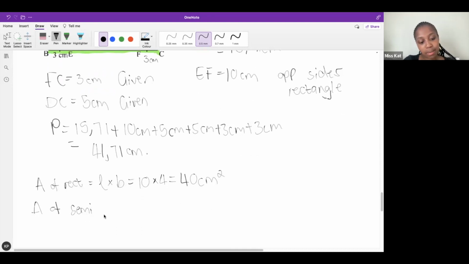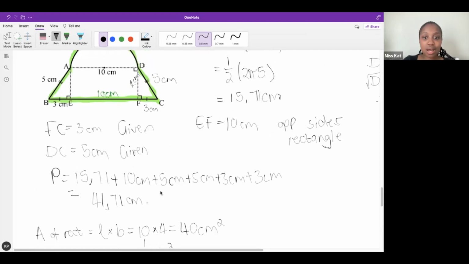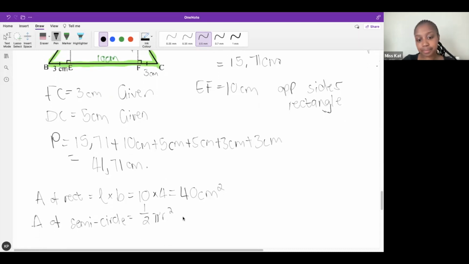Now we need the area of the semicircle. What's the formula for that one? Yes, you'll be able to screenshot, don't be worried. What's the area of a semicircle, guys? Thank you. Half of pi radius squared. And my radius is what? Our radius again, remind me. 5. Okay.